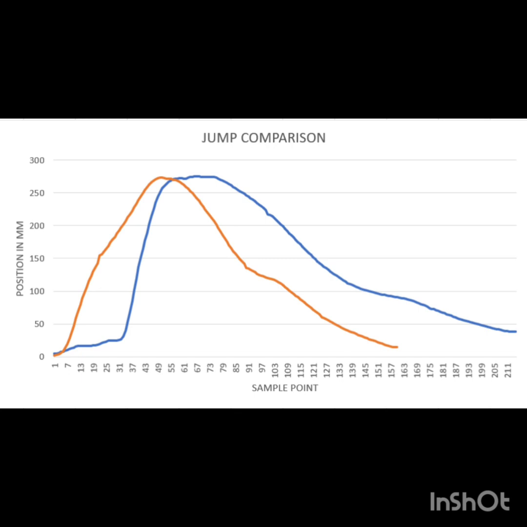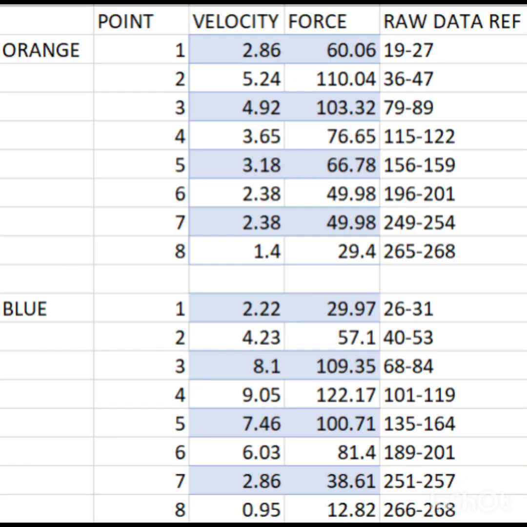We can break that down even further. Like I say, we've got 2 millisecond intervals, so we can trace velocity at each point. We can see here the orange fork produces 5.24 meters per second at 47 mil of displacement. That's its peak velocity.